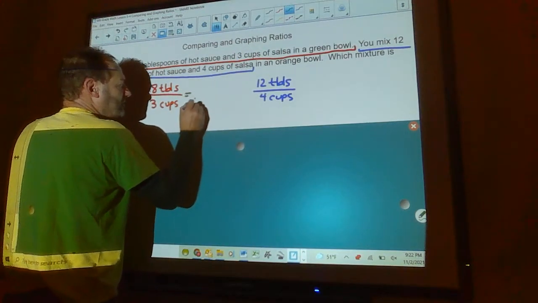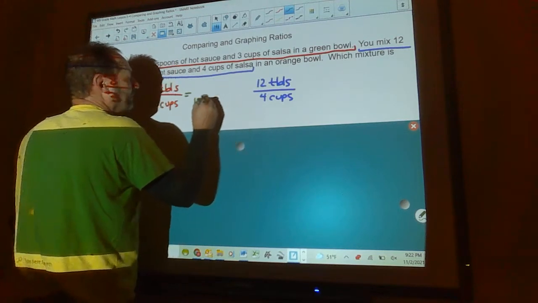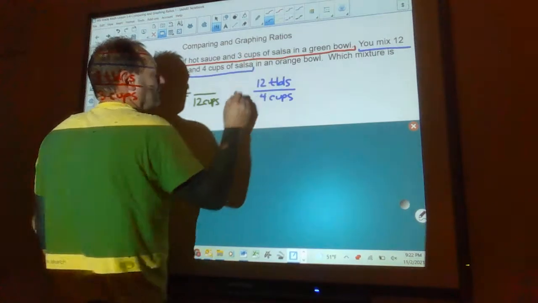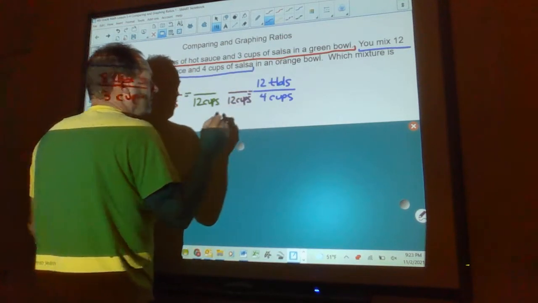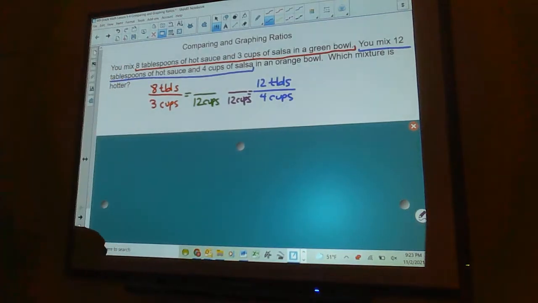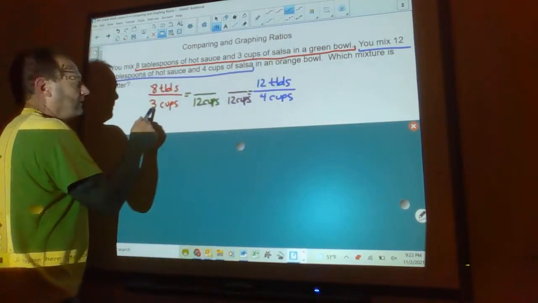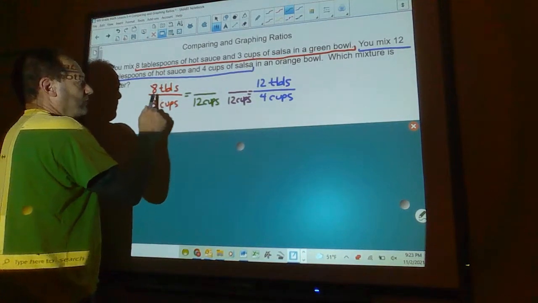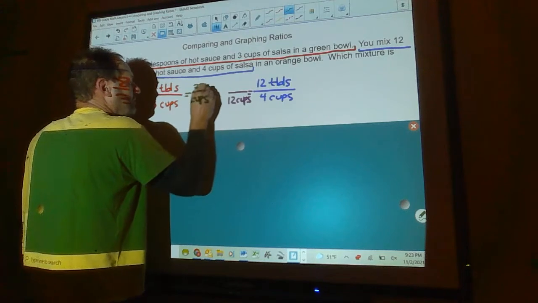We're going to convert these to 12 cups on both sides here, because that is a common denominator. So, in order to keep these in balance, we took 3 times 4 is 12, so we're going to take 8 times 4, which is 32 tablespoons.